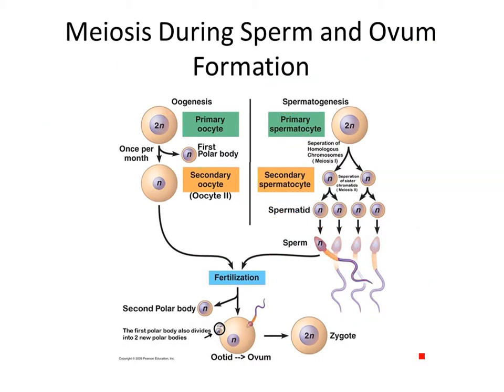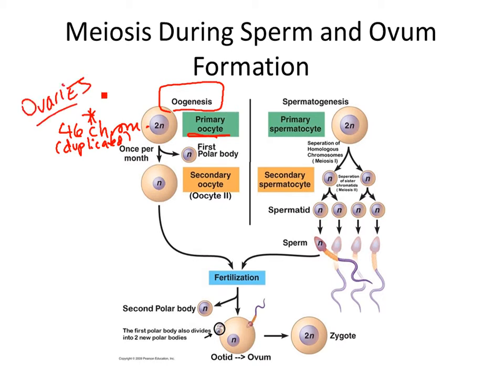All right, so let's take a little bit more of a look at what's going on in the female, and you're going to have a lot more details again with the female in future lectures. But in females, again, the process of meiosis is called oogenesis, and it starts with cells that are called primary oocytes in the ovaries.